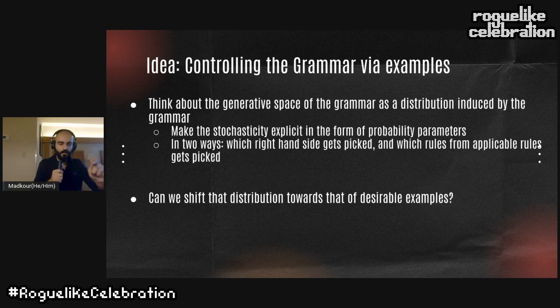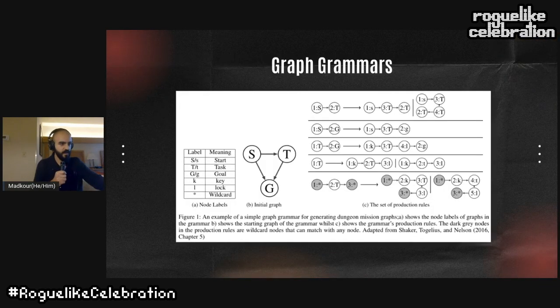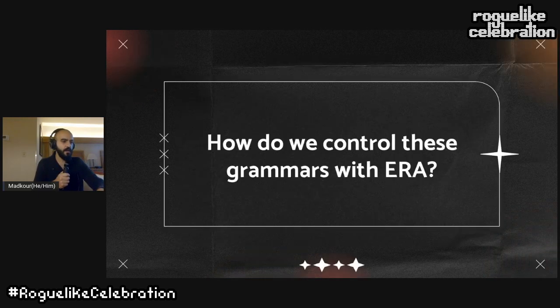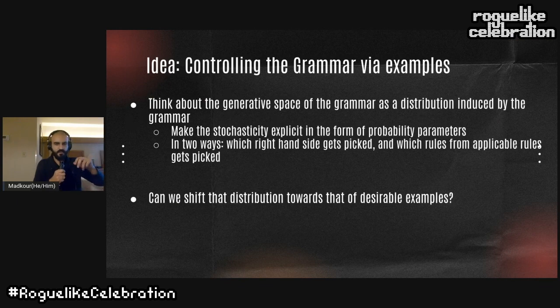One, parameterize which right-hand side of a rule. As you can see here, there are multiple right-hand sides of that rule. So when you try to replace this left-hand side, you have two options to replace it with. Let's pick the first example, ST here. You can replace it with STT or STTTT. So there's one form of stochasticity, which right-hand side gets picked.